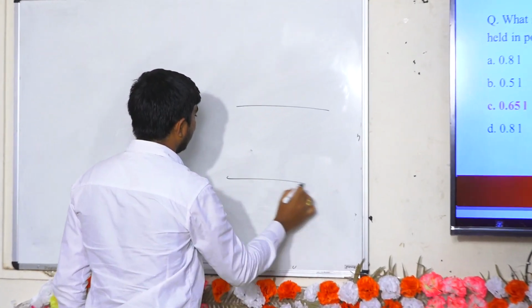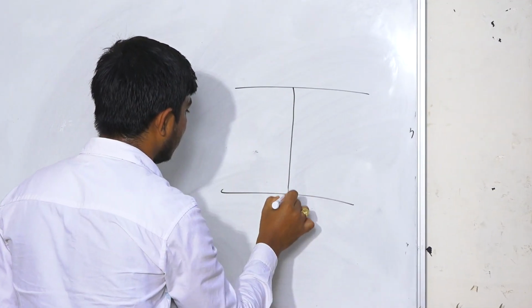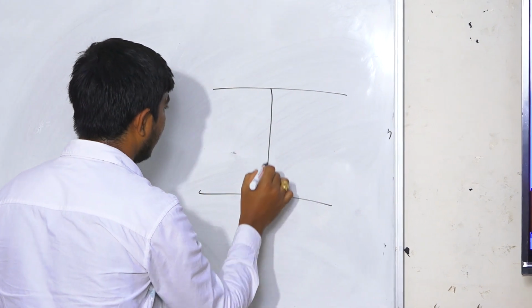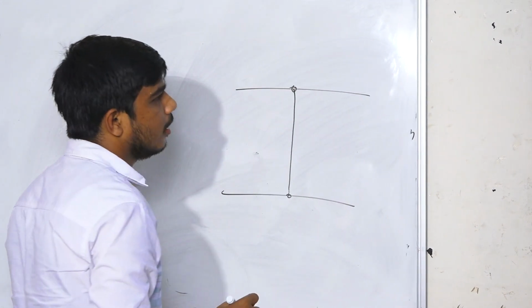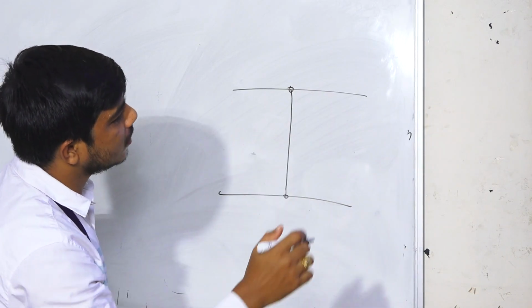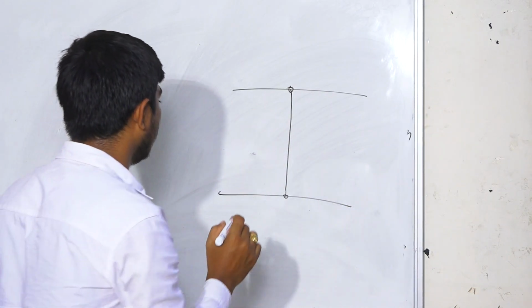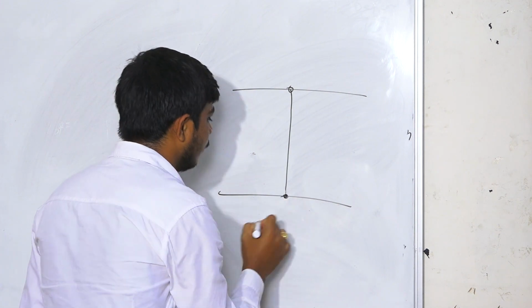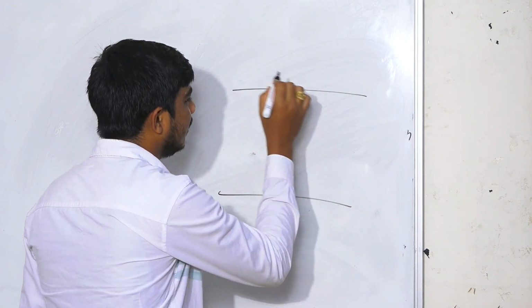What do you mean by that? Effectively held means, if this is an end and this is an end, effectively held in position means this point will not move because it is effectively held in the same position.